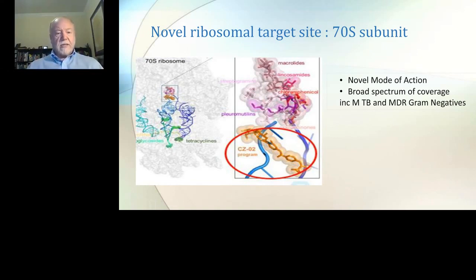I think it's going to be an interesting development program, and we shall wait and see. So far, the in vitro, and I stress the in vitro activity, suggests that it may work with pathogens as broadly as Mycobacterium tuberculosis through to multi-drug resistant gram-negatives like Pseudomonas.